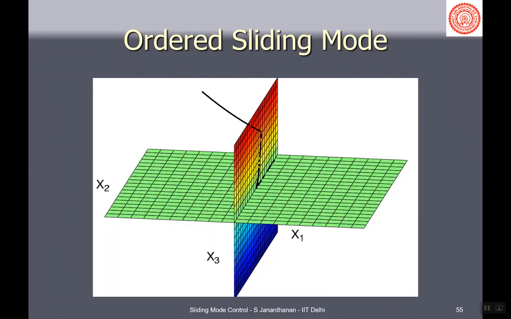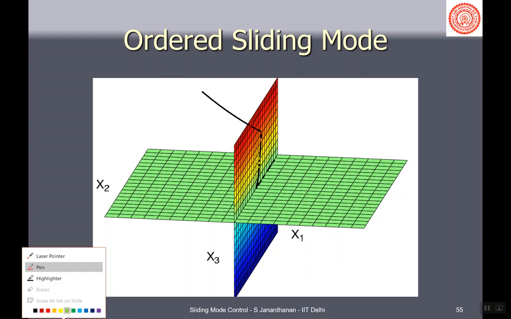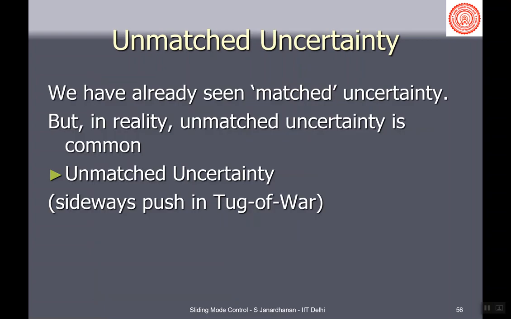Due to the limits of perception, I can only show this for a third order system with two inputs. However, mathematically the system can be fifth order, sixth order, the number of inputs can be 3, 4, and still the sliding mode will happen. The only problem is that we will not be able to visualize it graphically.